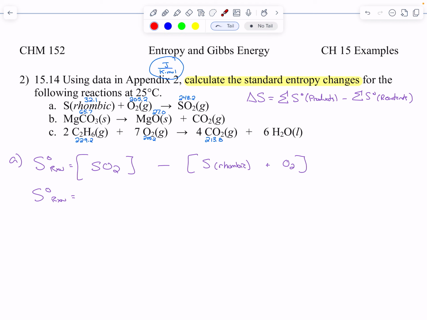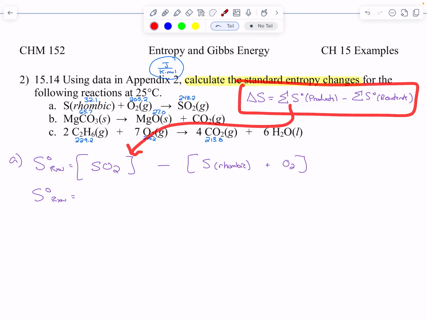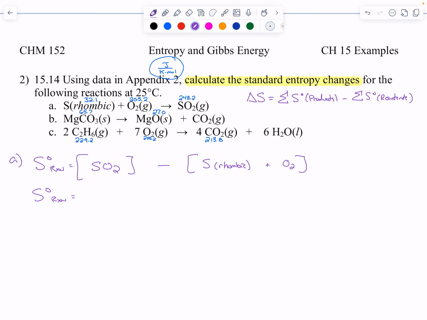Right? Because we're doing this. So that's what this is right here, right? That's the first line. We're going to do that 3 times.